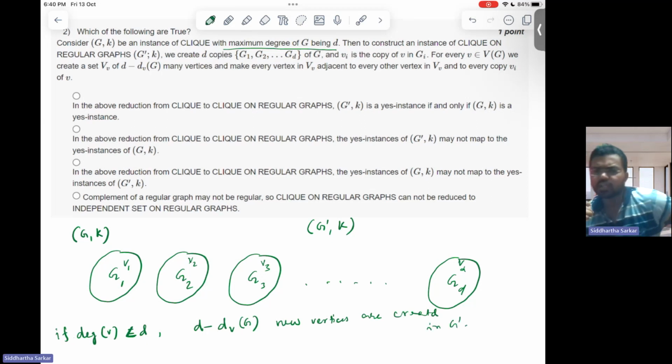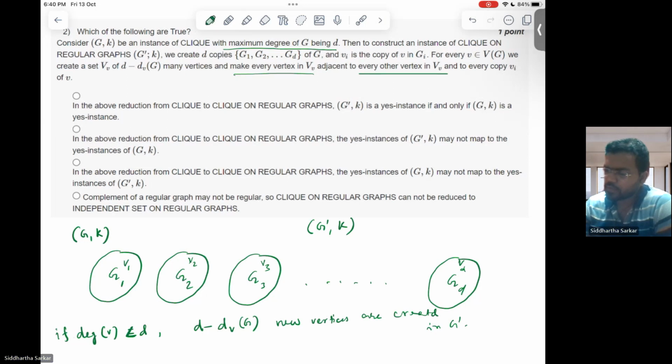So what do we do with these vertices? Make every vertex in V_B adjacent to every other vertex in V_B and to every copy V_i of v.